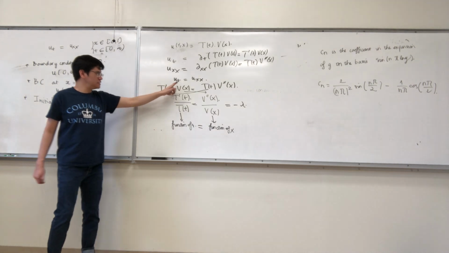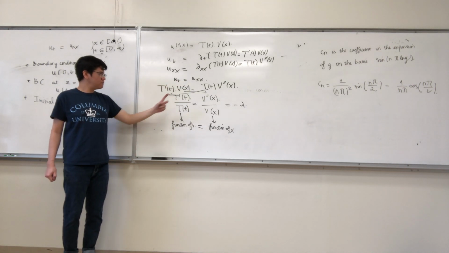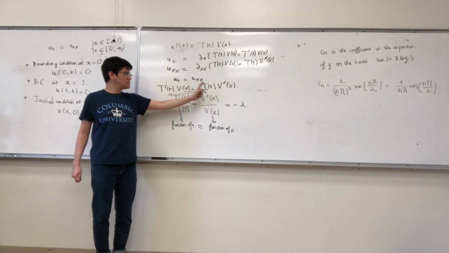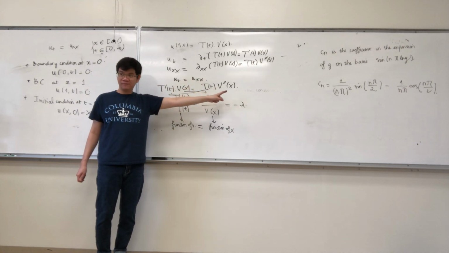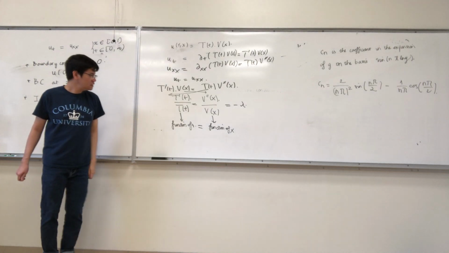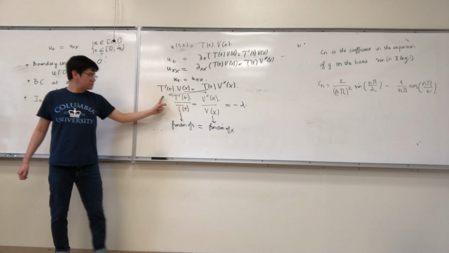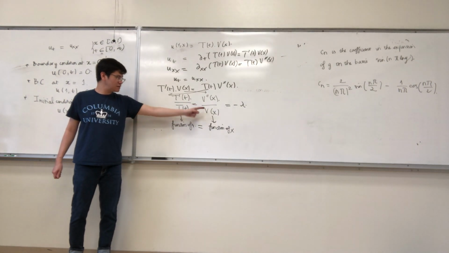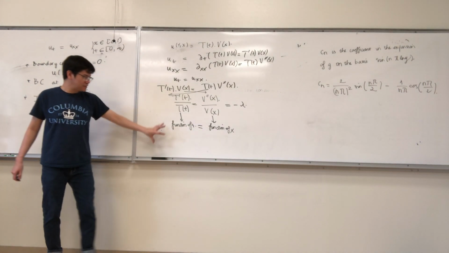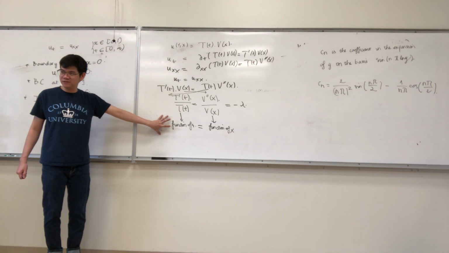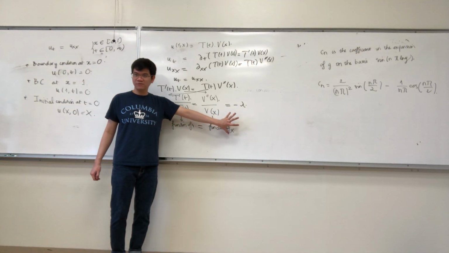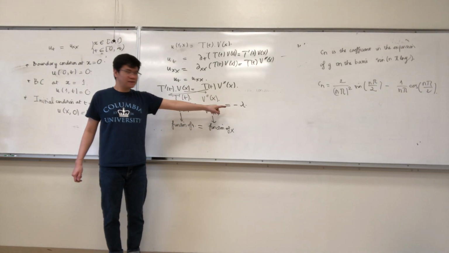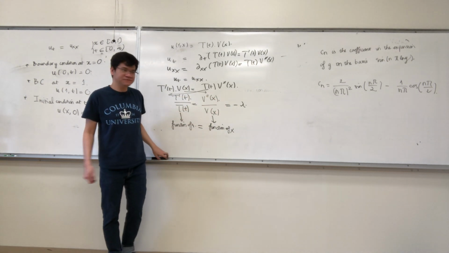The equation is u_t is equal to u_xx. So u_t is T'V(x), and u_xx is T(t) times V''(x). All right? Now I'm going to divide T over here and V over there, and I have T' over T is V'' over V, and this is minus lambda, because on the left hand side you have a function of t, and on the right hand side you have a function of x. So these two functions are equal, which means that you have to have a constant.